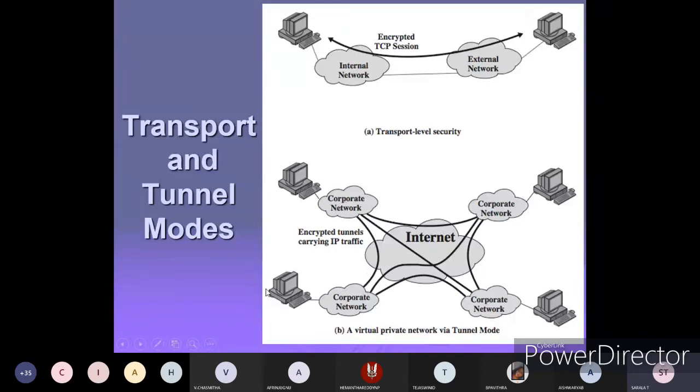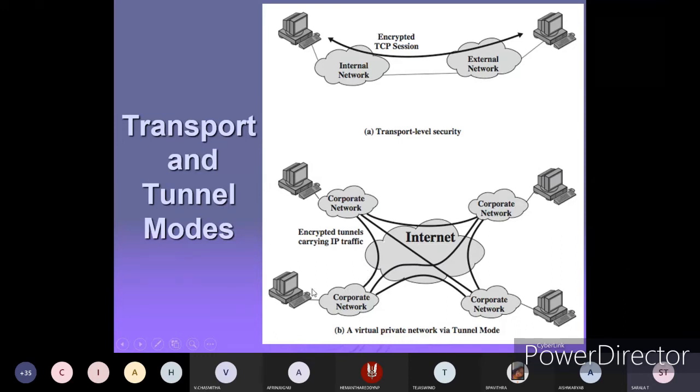If I take A and B, from A to B you use a single tunnel connected from A to B. For B to C, one more tunnel will be there, and C to D one more tunnel, D to B one more tunnel, and A to C one more tunnel.